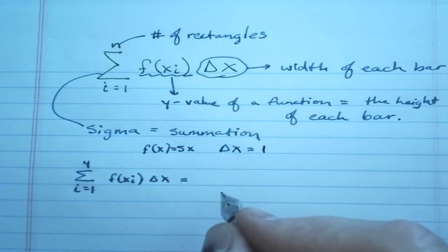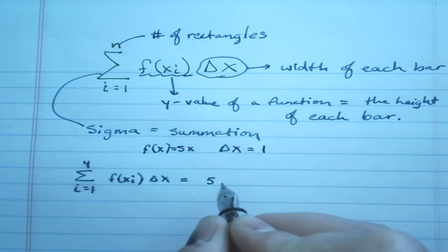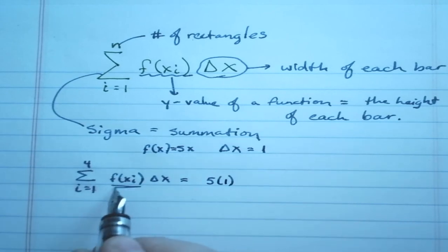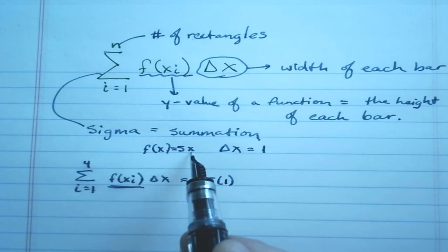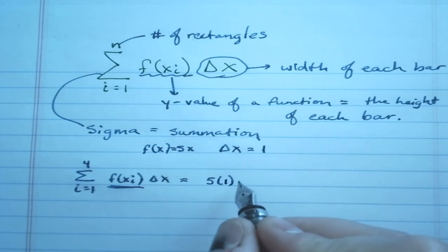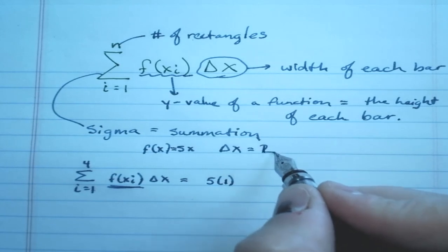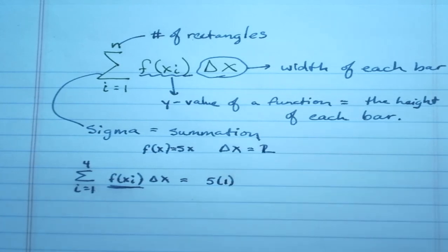What this turns into is 5 times 1, that's this part, so 5x, and let's make delta x something different. Let's make delta x 2. Okay, and let's make this go up to, well, let's just leave it at 4. Okay, so we're going to have 4 bars, and delta x is 2.